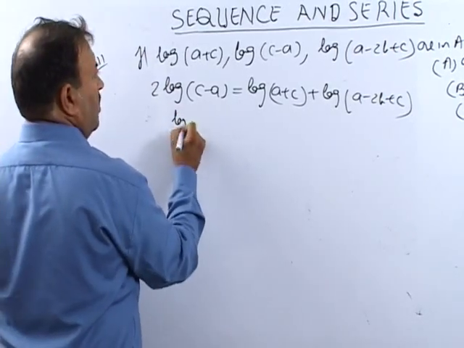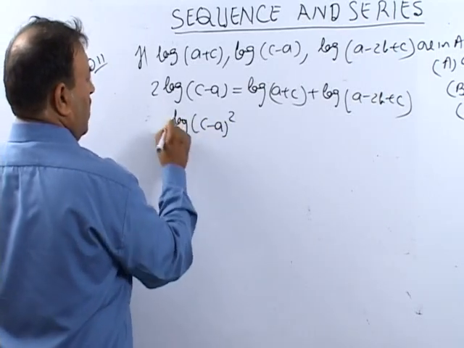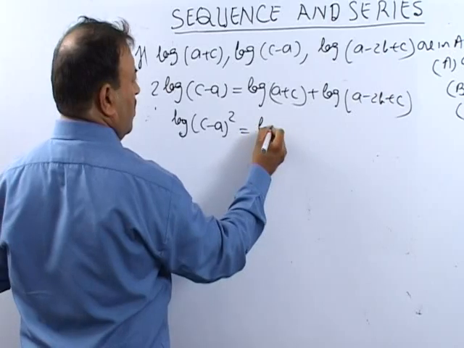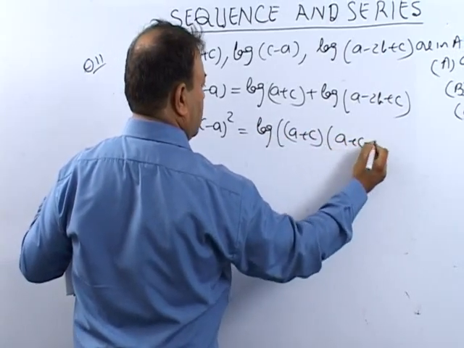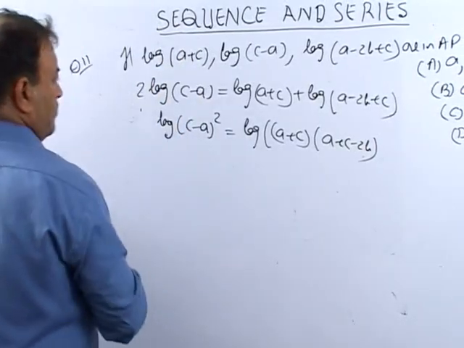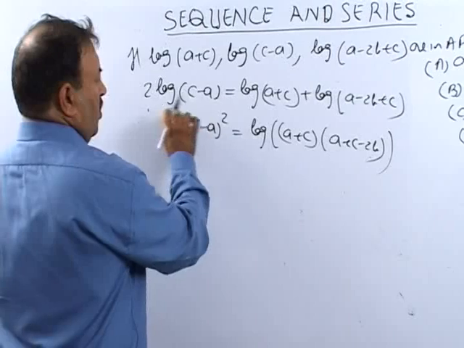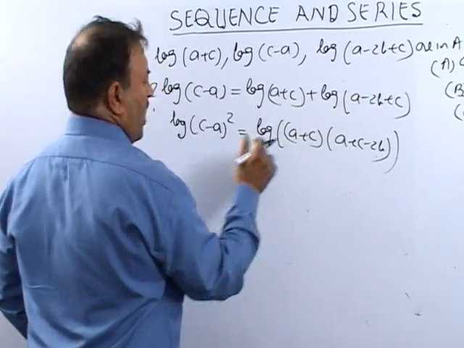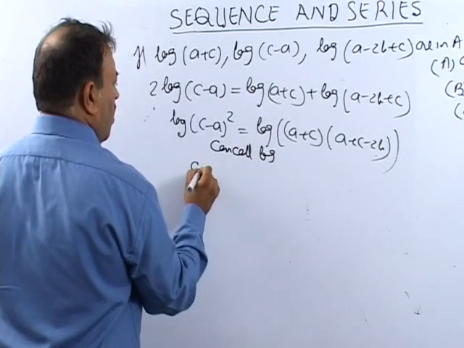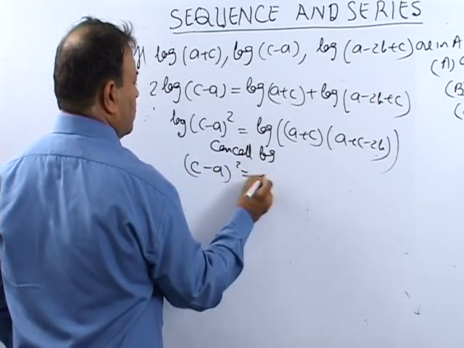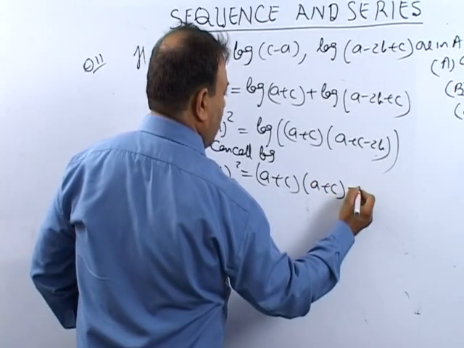What is it? Log of C minus A the whole square, the 2 comes to the power, this is equal to log of A plus C into A plus C minus 2B. Log m plus log n is log mn. Now cancel log.